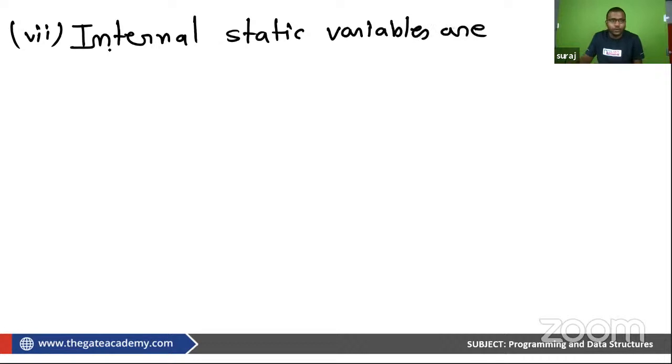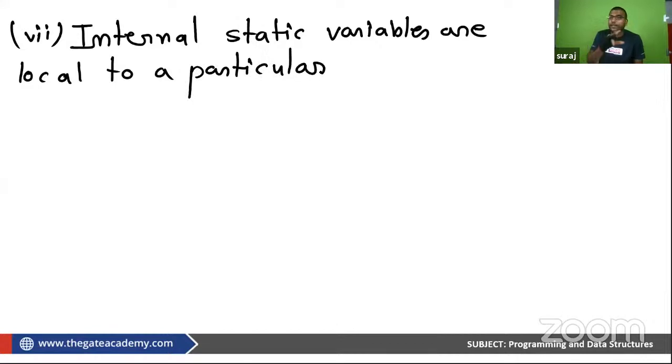are local to a particular function, that I've shown you. Internal static variable is going to be local to the block, and global will be throughout the program source file.